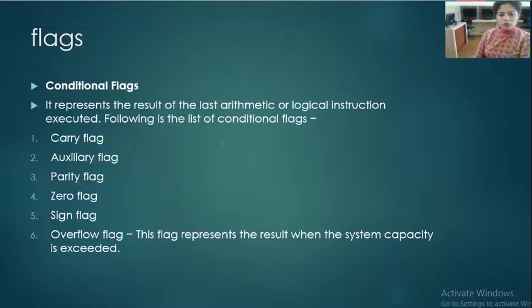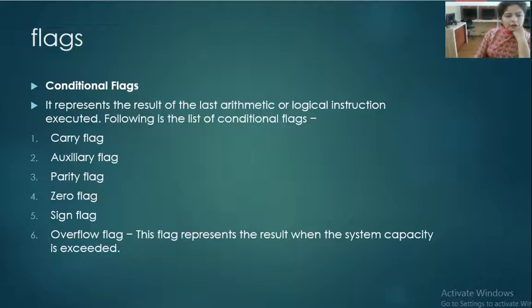So you know how we use conditional flags. For example, we have performed sum of two numbers. After performing the sum of two numbers, whatever will be the result, we can check the condition and we can set the value of the flags accordingly. Whatever condition we want to apply, we can apply. So one more flag which is not available in 8085 but which is in 8086, that is overflow flag.